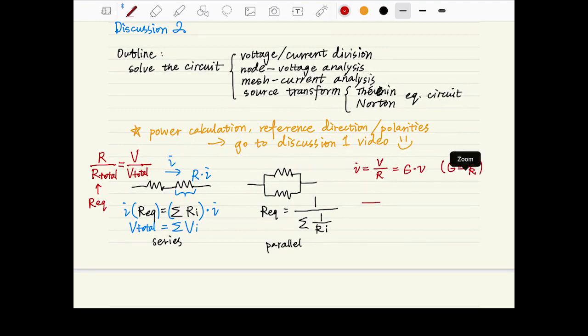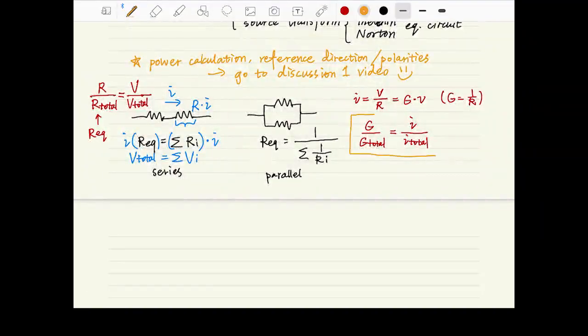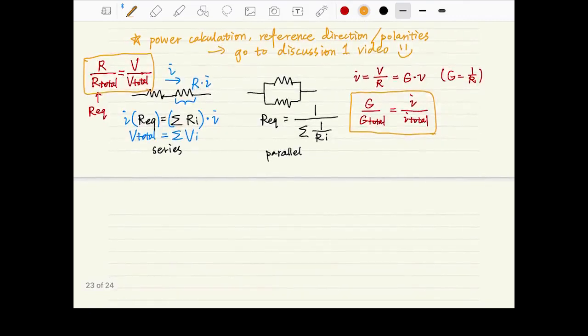And 1 over R is also called conductance, represented by the symbol G. So it can also be written as G times V. So pretty similar, the ratio of the given conductance to the total conductance is equal to the fraction of the total current. And these two equations circled with orange pen are the voltage division and current division laws.